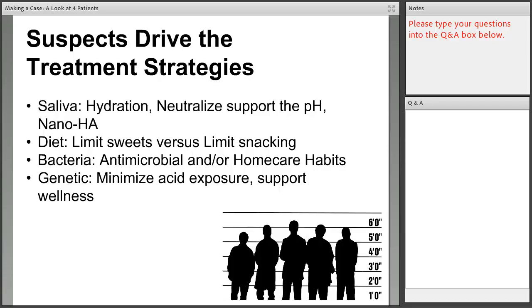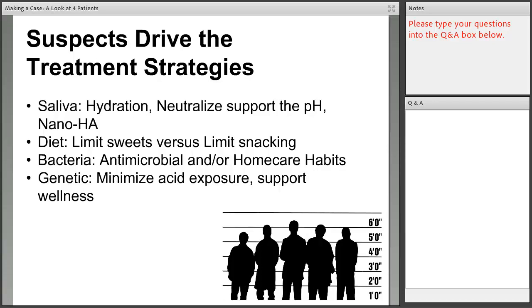But think saliva, diet, biofilm in that order, because that's the order that we tend to see them in. Now, a majority of patients have a saliva and a dietary issue. So the only thing standing between that patient and dental caries is their home care, their genetics, and you.